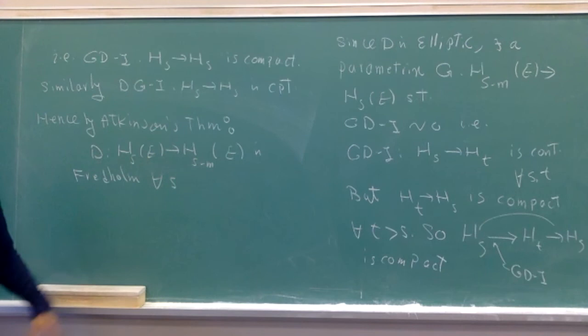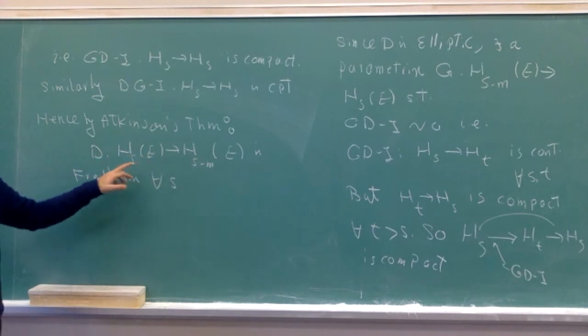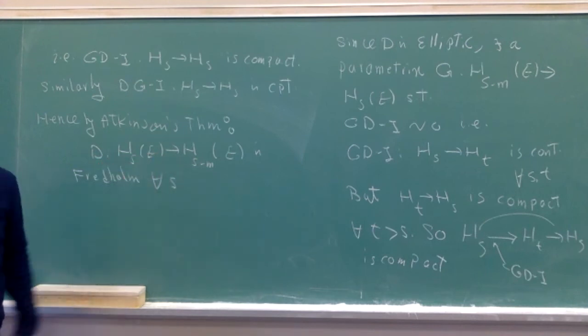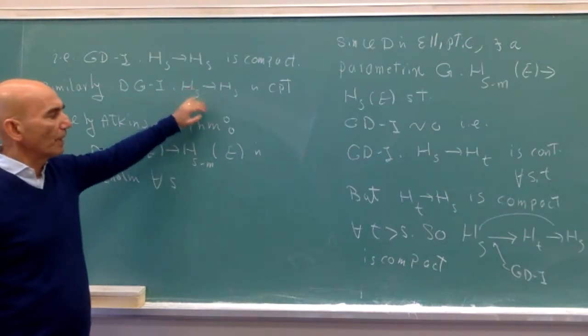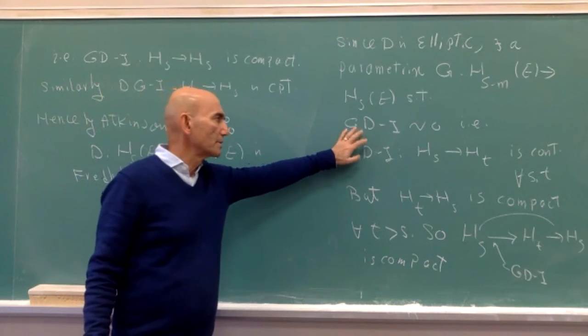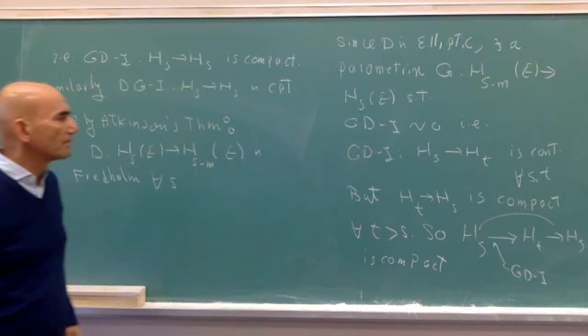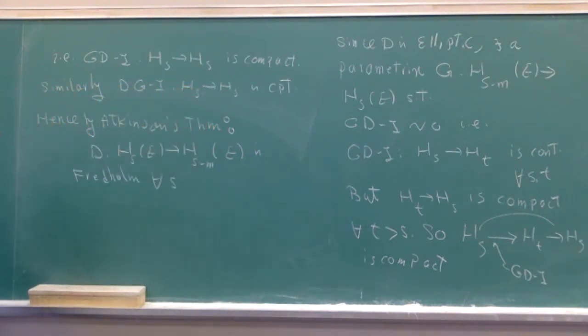So we just established right now that this map, in fact, from this space to that space is Fredholm. You see, this Atkinson's theorem is pure operator theory, abstract Fredholm theory. It's nothing to do with geometry, but it ties up very well with the idea of asymptotic inverse for these pseudos. So that's as far as Fredholmness goes.